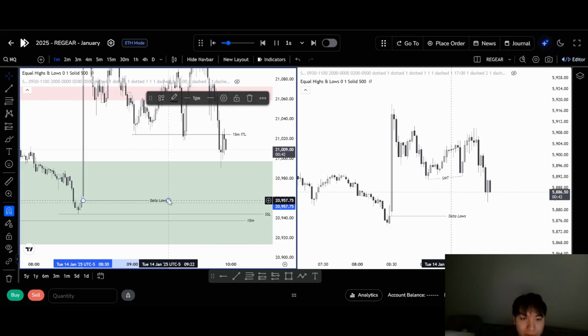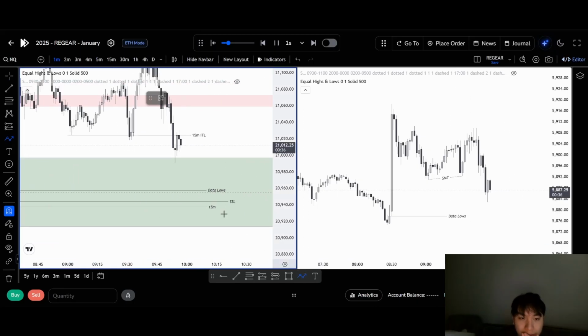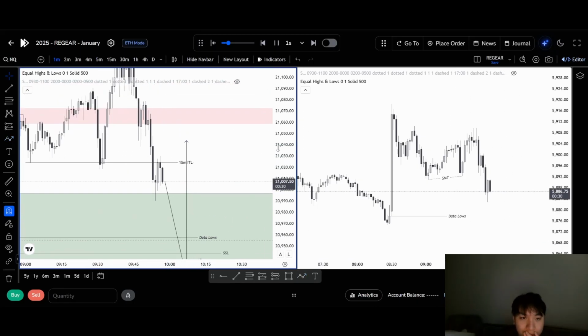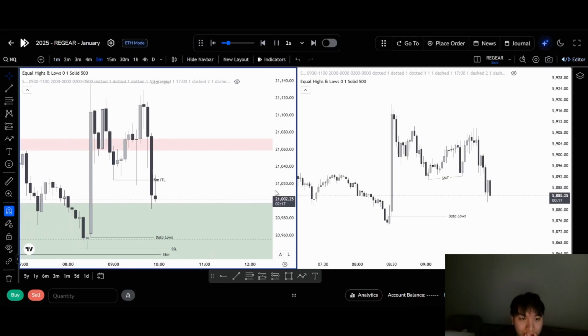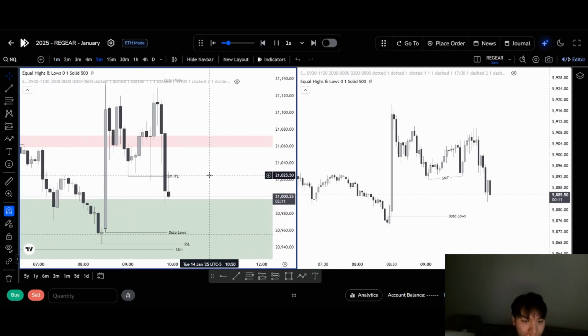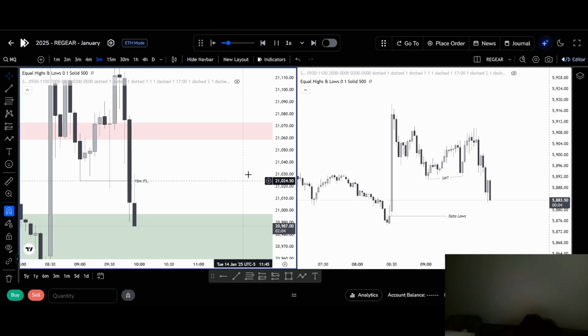All right. So ideally, I'd like to see something like this happen and trade towards an unfilled 15 or 5 up above, something like that. Or if we can get some kind of con down, I'm okay with that too.